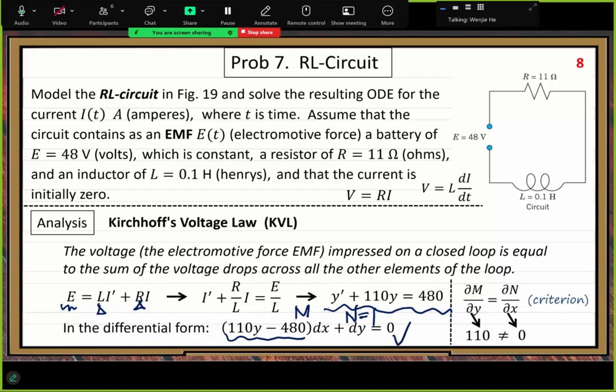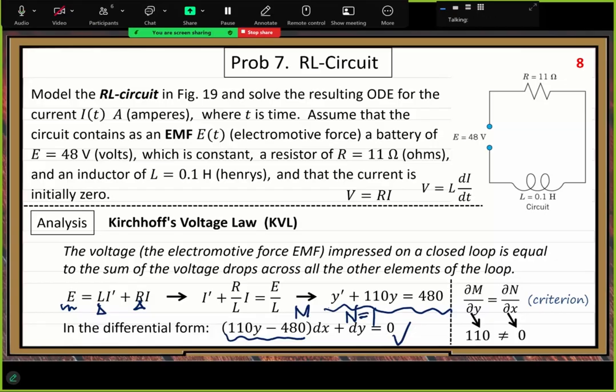Then we cannot use our total differential method to find a solution. Doesn't work. But based on our experience, if it does not satisfy the exact form of the differential equation, we still have a chance if we can convert it to exact form.